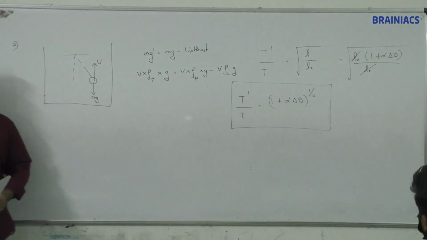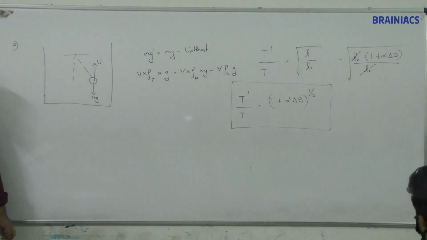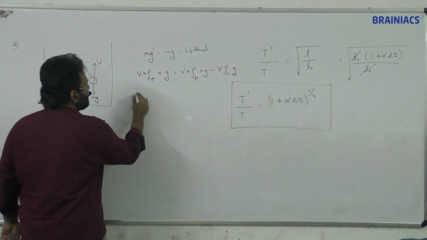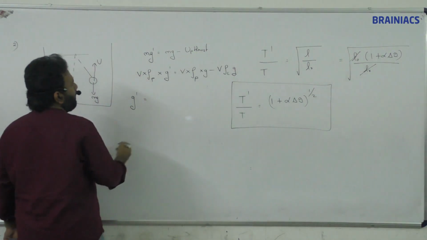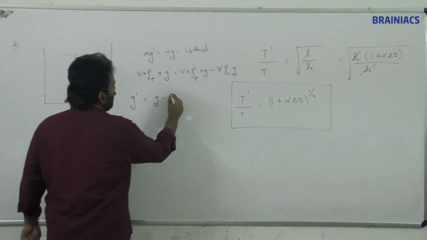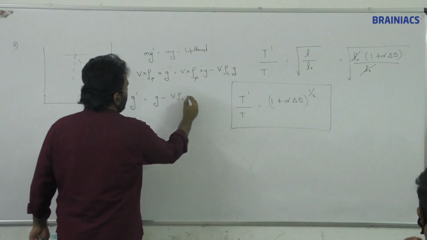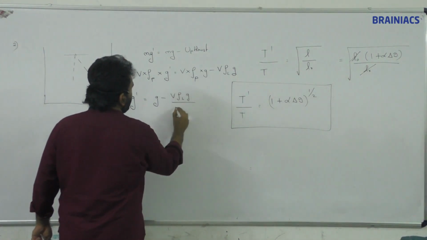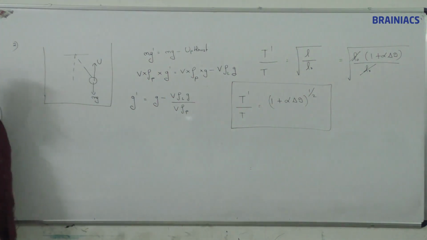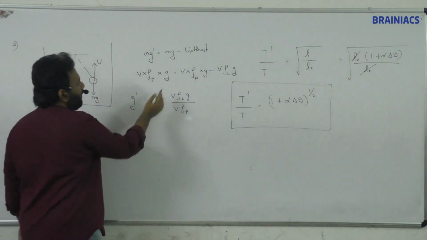Correct? Just verify the formula. Is it correct? Right. So I can put g dash is equal to g minus V rho L g divided by V rho pendulum. I just divided by the V.